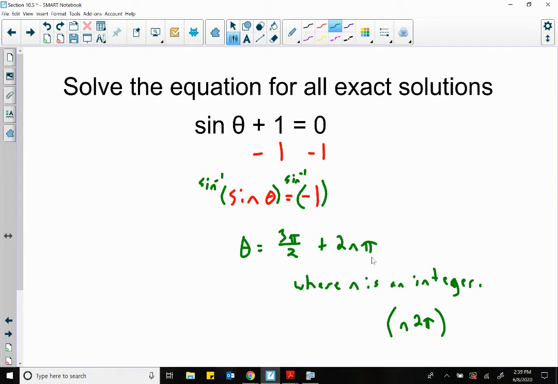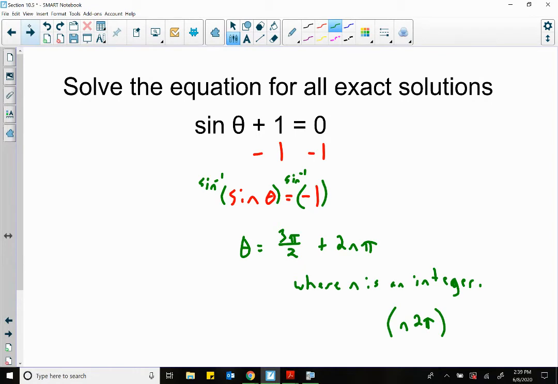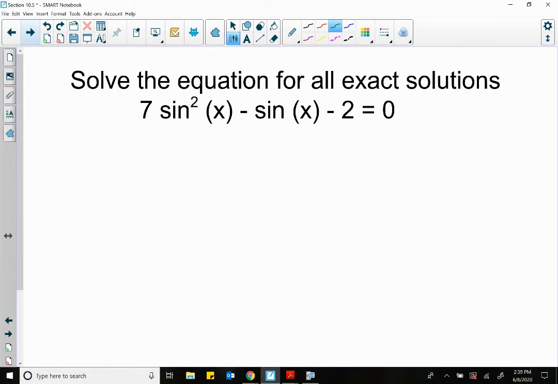All right, last one. Between this one's factoring and this one right here, these are the two hardest problems you're going to see on your assignment. Okay. So obviously you can see in this one, you're going to think factoring, but the problem is this is not factorable.